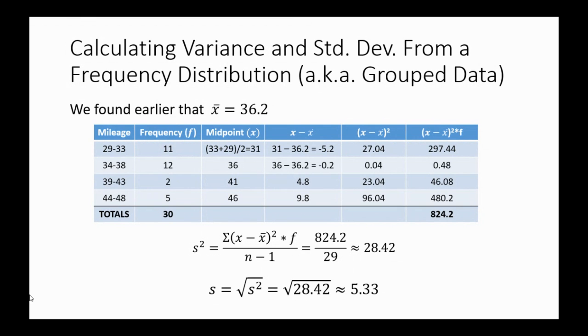Your average is like you found earlier, so that part stays the same. Where it changes is you have one extra step. You have to multiply (x minus x bar) squared times your frequency. Then add that up to get your total that you divide by the n minus 1 degrees of freedom. So you just have one extra step at the end here to calculate it.